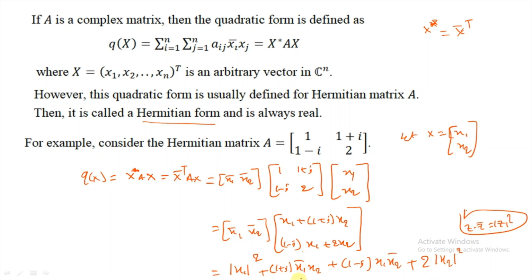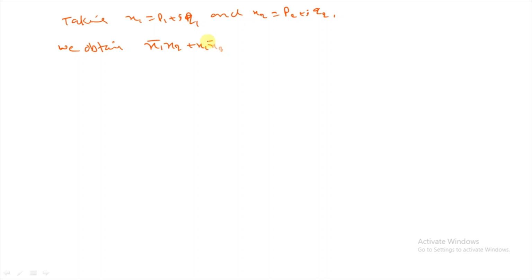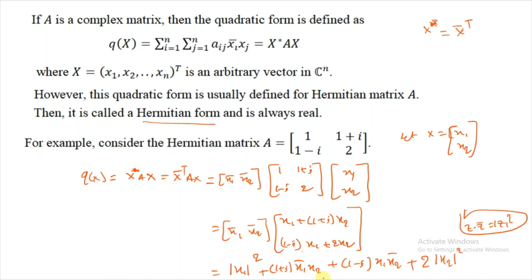Now what about the remaining terms, (1 plus i) x1 conjugate x2 and (1 minus i) x1 x2 conjugate? Suppose x1 equals p1 plus i q1 and x2 equals p2 plus i q2. When you take this, we obtain x1 conjugate x2 plus x1 x2 conjugate. It is very clear, because you can write one more step.